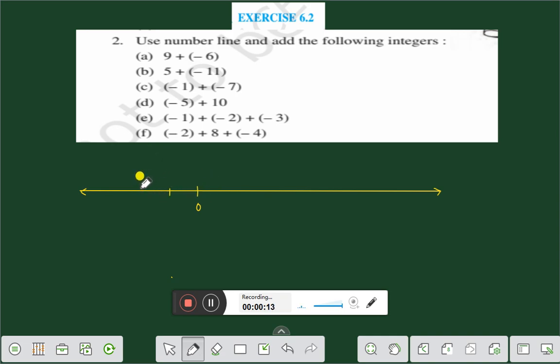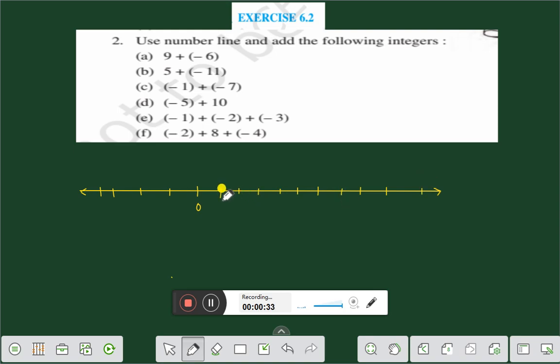It is -1, -2, -3, -4, and in this direction we get 1, 2, 3, 4, 5, 6, 7, 8, 9, 10.